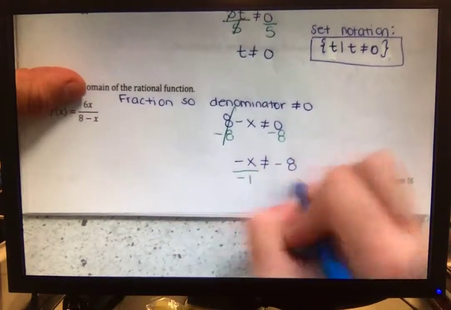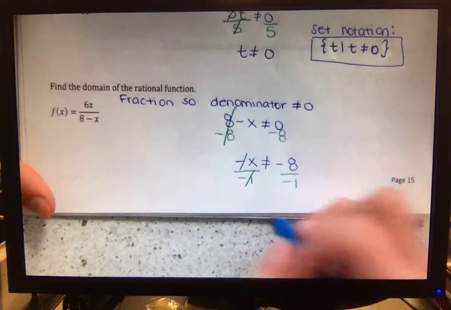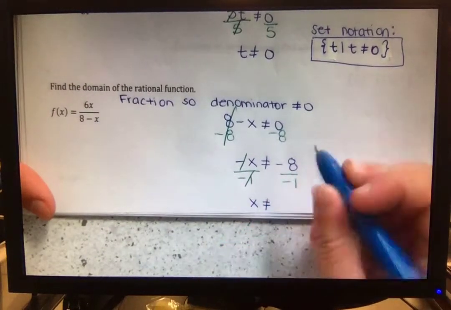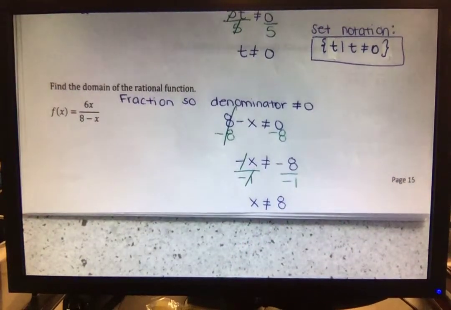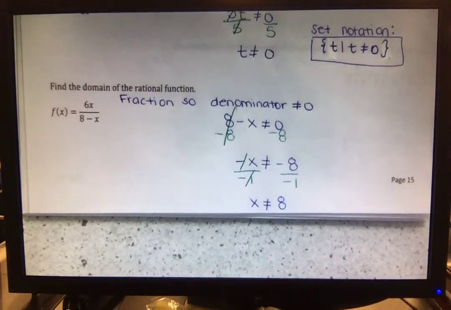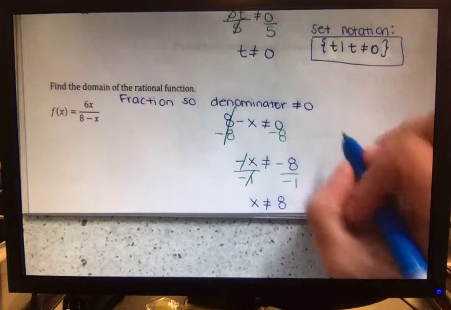Divide both sides by -1. We're left over with x cannot equal -8 divided by -1. It's +8. So x cannot equal 8. It can be any other number. It can't be 8. So putting it in set notation.